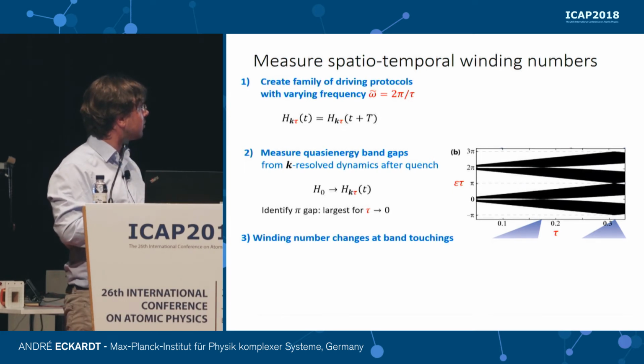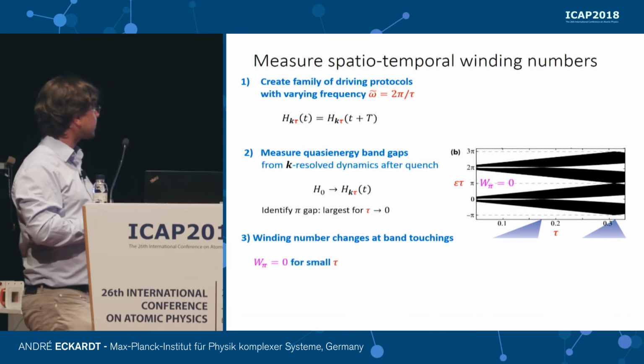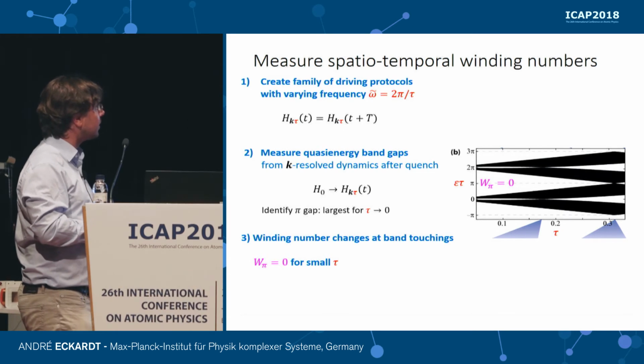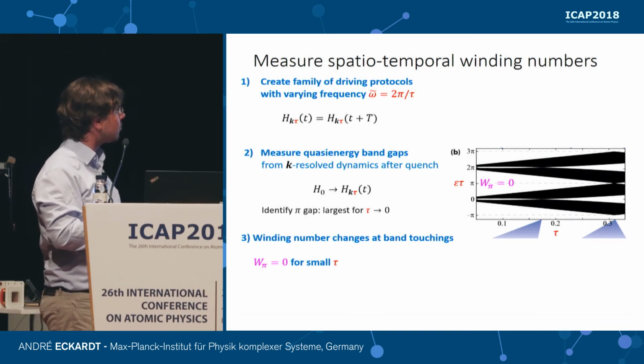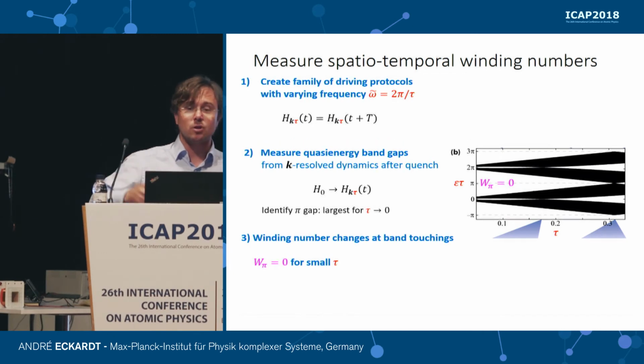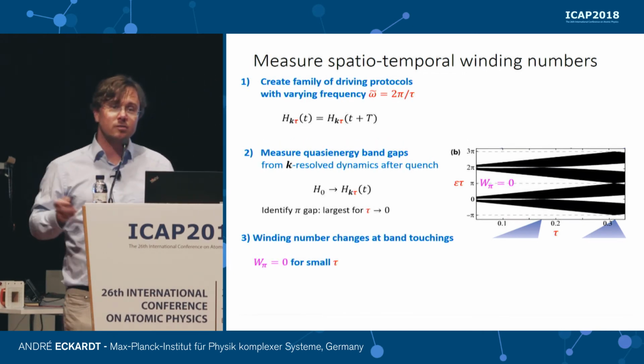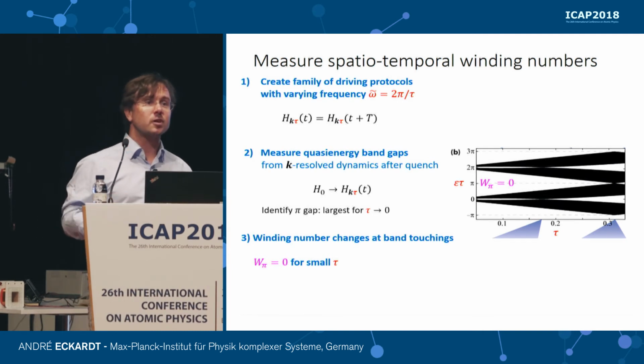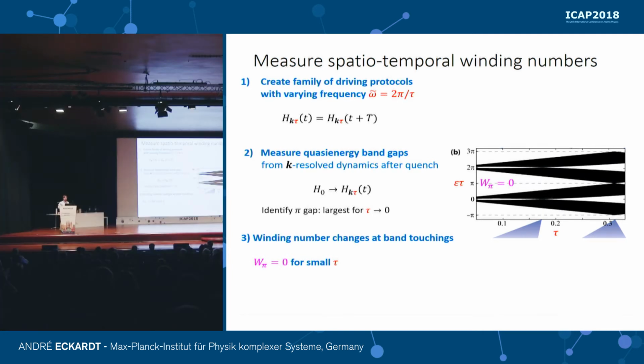So here we see band touching points at 0 quasi-energy and another one at pi here. And we also know in the high frequency limit that this pi winding number is 0, since in this limit we can compute everything using time-averaged Hamiltonians, and in this case, the physics boils down to the physics of undriven systems, so there cannot be any winding number here.